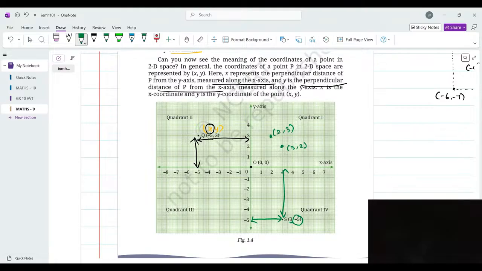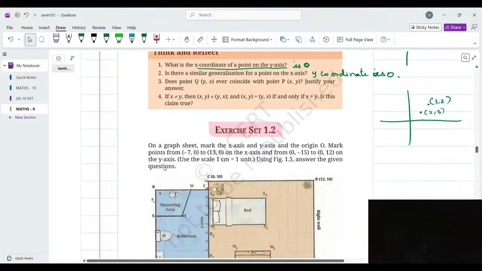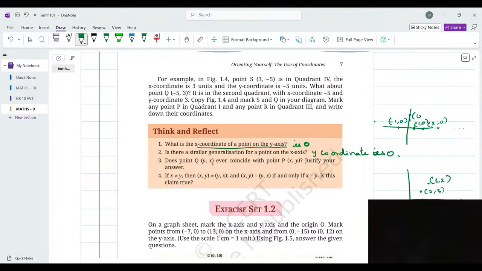So this is possible only when the two x coordinates are equal and the two y coordinates are equal. So does (y, x) ever coincide with P of (x, y)? Yes. It is possible only when x equals y and y equals x. If x is not equal to y, then (x, y) is not equal to (y, x), and (x, y) equals (y, x) if and only if x equals y. Is this claim true?